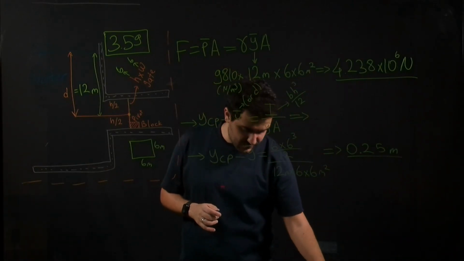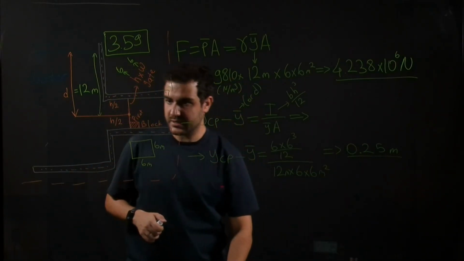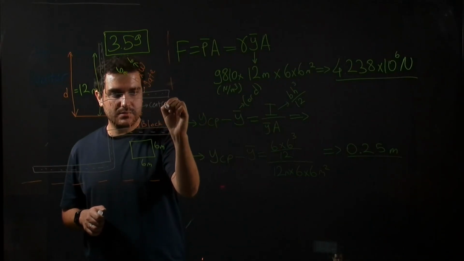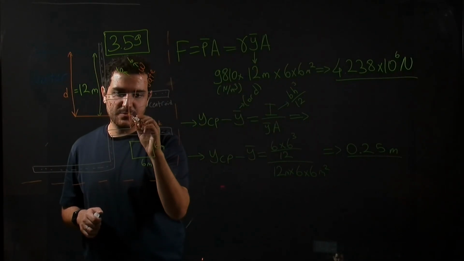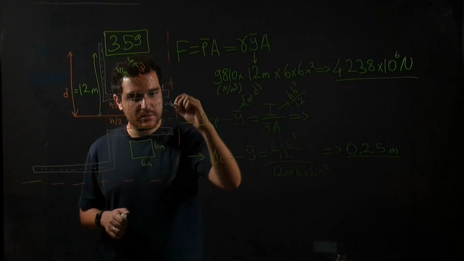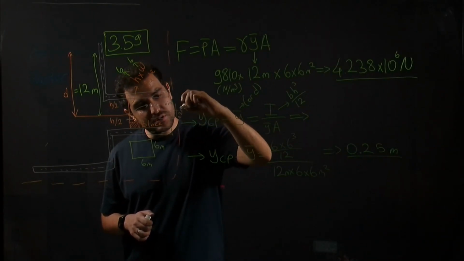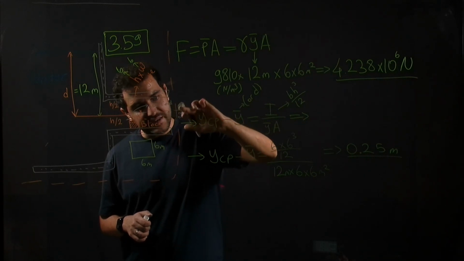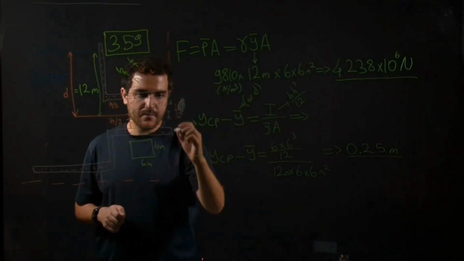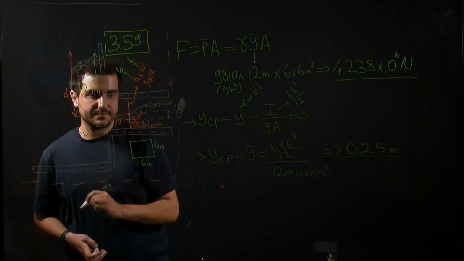So in other words, we can say that, let me use white. So this is the centroid, and the center of pressure, let's say it is here, and this distance is 0.25, and this is YCP.